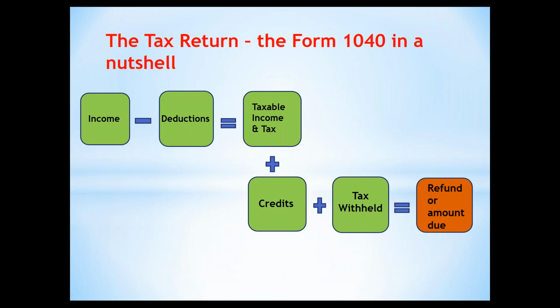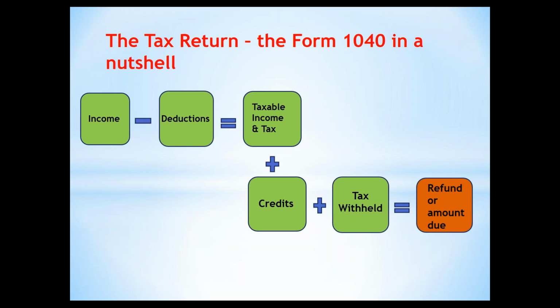So this is just a little bit of an outline to guide you where we're going to be going through the training and how the different parts and pieces work together. First, this is the tax shell. This is the tax form in a nutshell. So we start with income. And then deductions are subtracted from the income, and that will give us our taxable income as well as the tax rate that the person is taxed at.